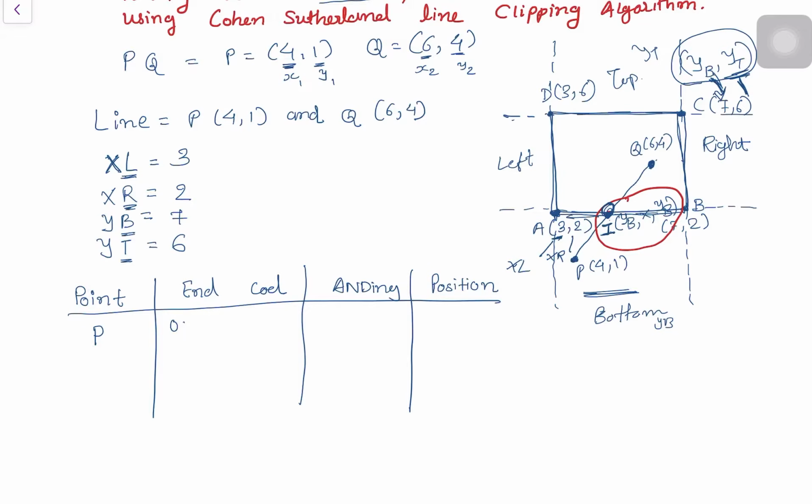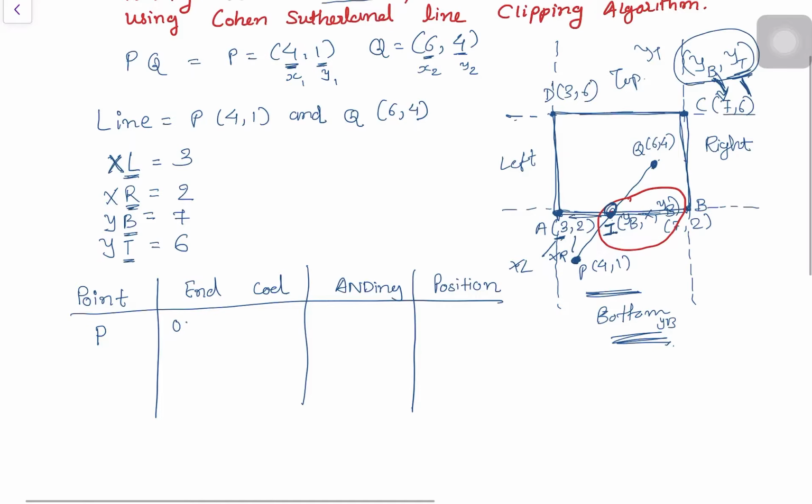And what is the code for this P point? That is bottom of Y. So let's take our LRBT row. This point is on the left side? No, so 0. On the right side? No, then 0. Bottom, then 1, and top 0. So the code for this point is 0 1 0 0.